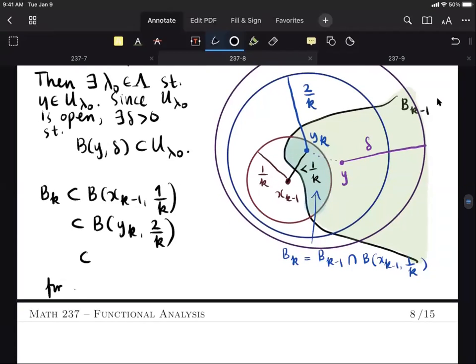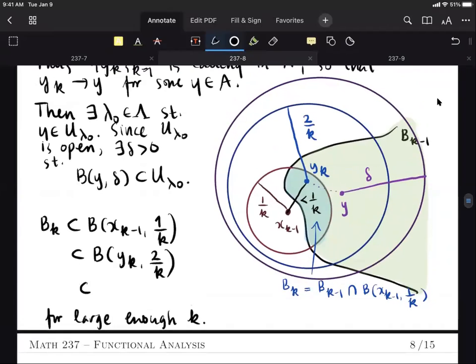Now, for large enough k, this 2 over k shrinks, and this y k gets closer to y. So this means that we can choose k large enough such that this ball b of y k with radius 2 over k is contained in b of y with radius delta. And we know that this is a subset of u lambda naught.